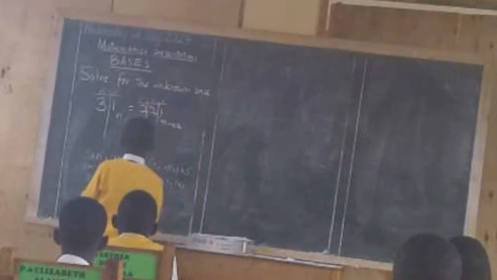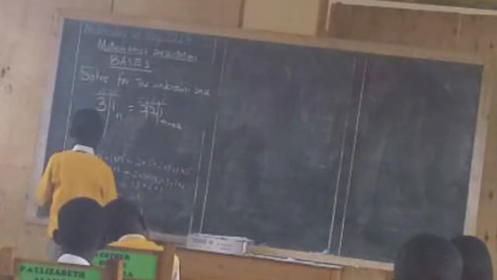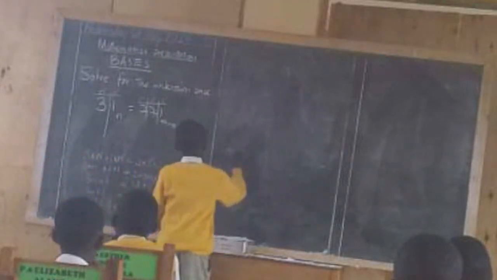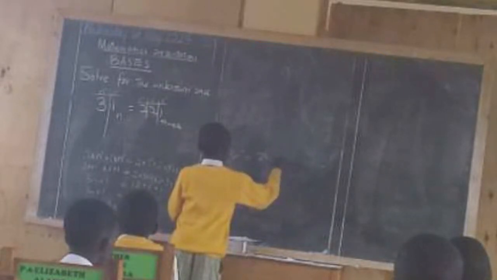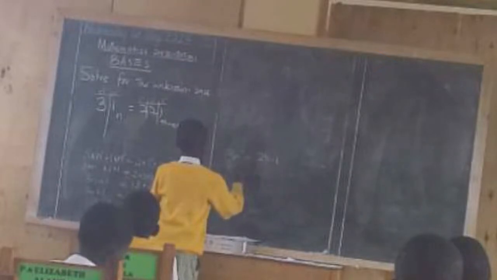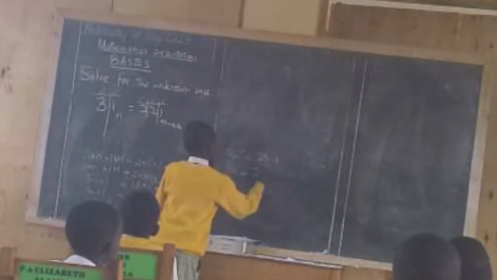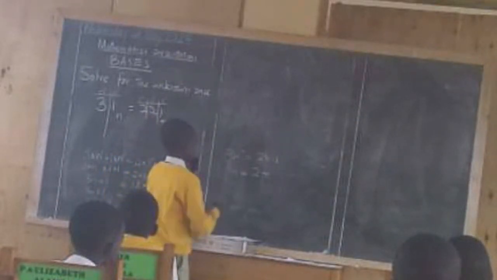So let's work this out. This plus this equals 0. So 3n equals 25 minus 1. 25 minus 1 is equal to 24. We now divide both sides by 3.